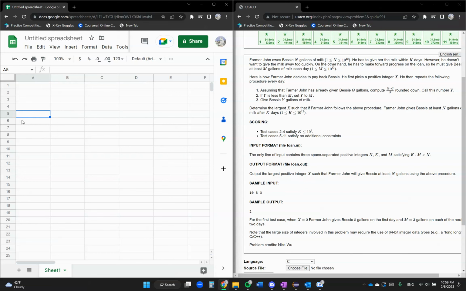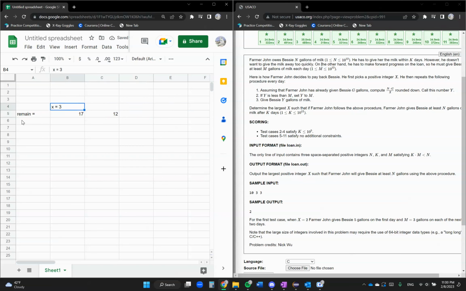So if remain is equal to 17 and x equals, let's say, 3. And first of all, we're going to be subtracting 5, right? So it's going to be 12.